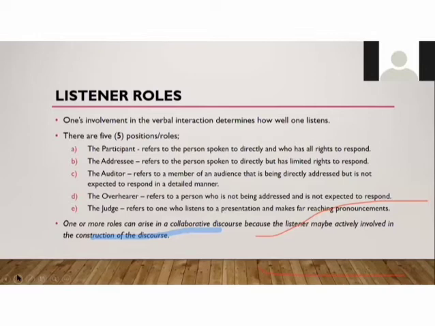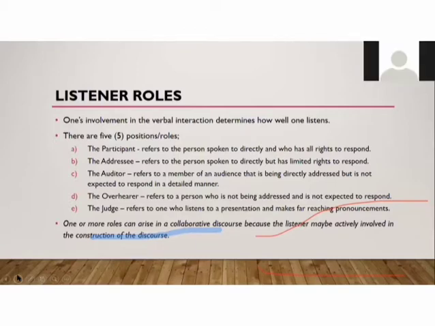The third role is that of the auditor. In the case of the auditor, it refers to a member of an audience that is being directly addressed but is not expected to respond in a detailed manner. And I think in our class, we gave the example of a bus full of passengers moving from one bus stop to the other, and the conductor asks who is getting down at the next bus stop.